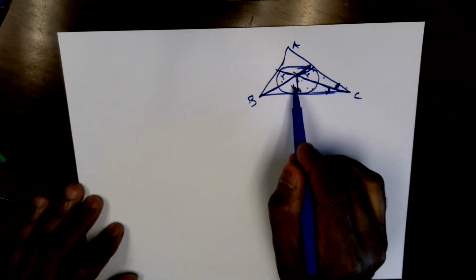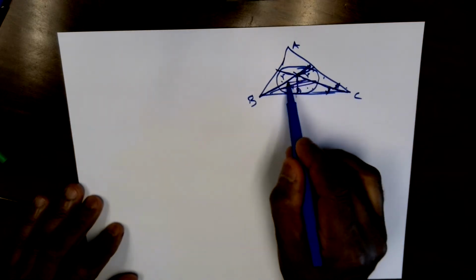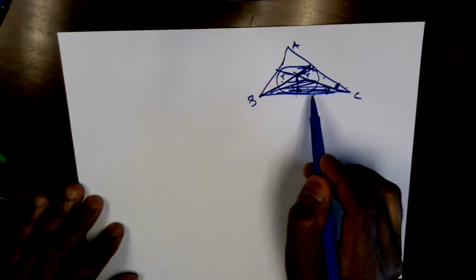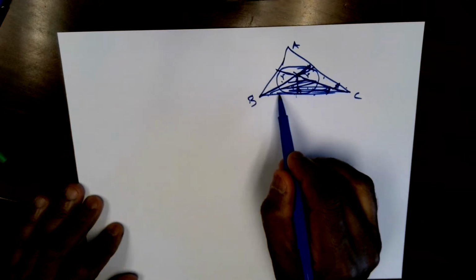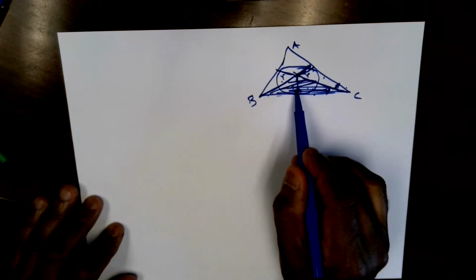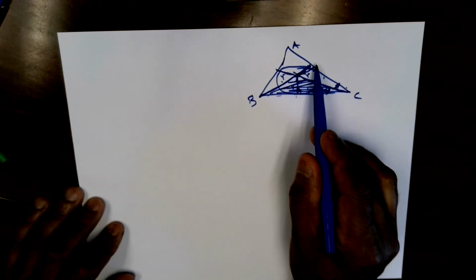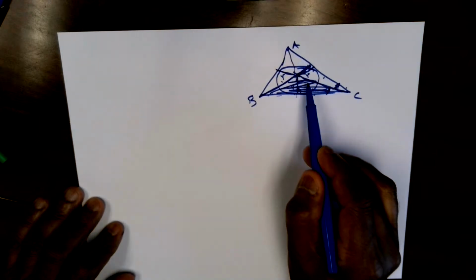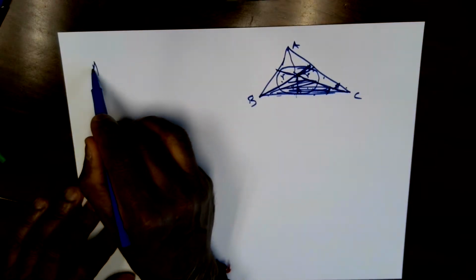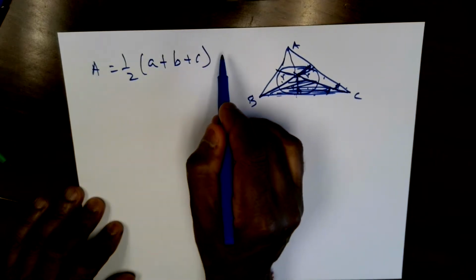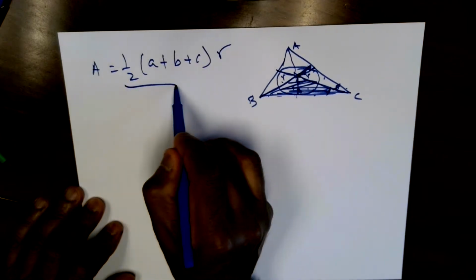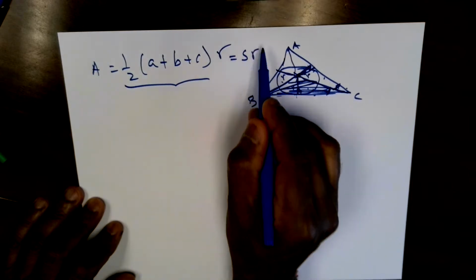Now small r is easy to compute because the area of this triangle is r times the side. So the area of this triangle is a r by 2, similarly b r by 2 and c r by 2. So the total area is half multiplied by a plus b plus c multiplied by r. But this is s, so that's s r.